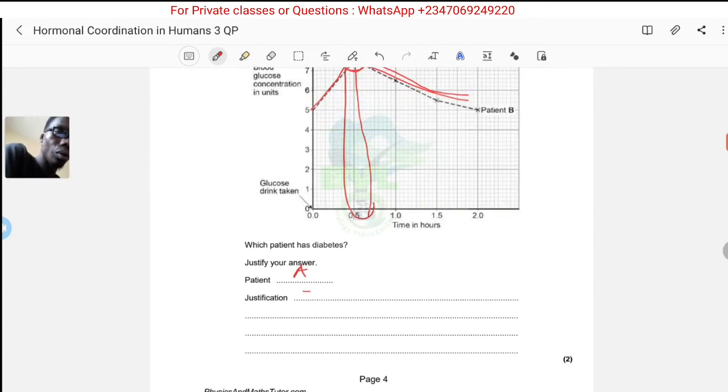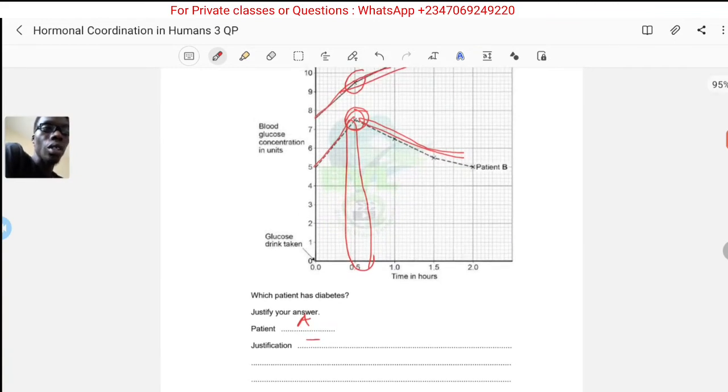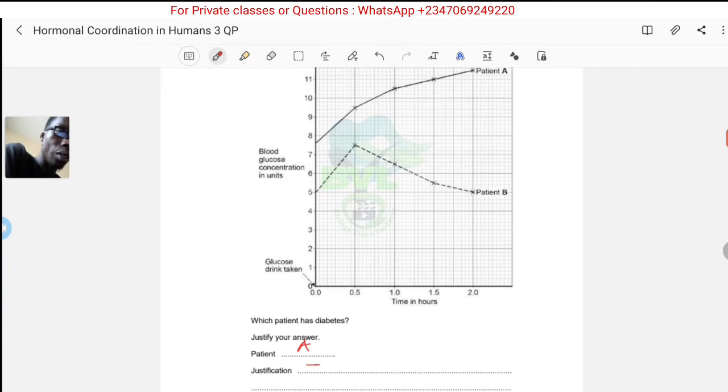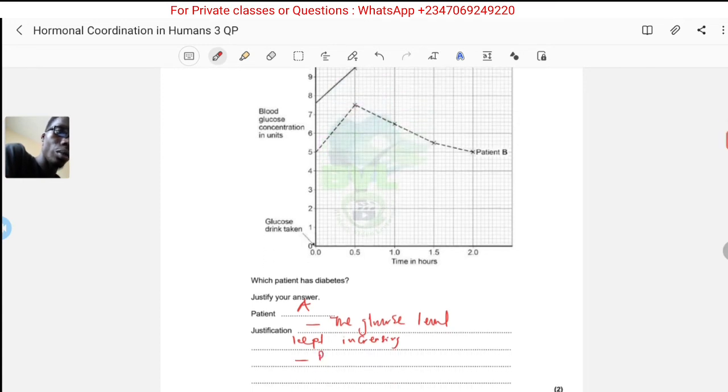Justification: from what we just saw, look at the graph for yourself. The glucose level kept increasing because of absence of insulin.